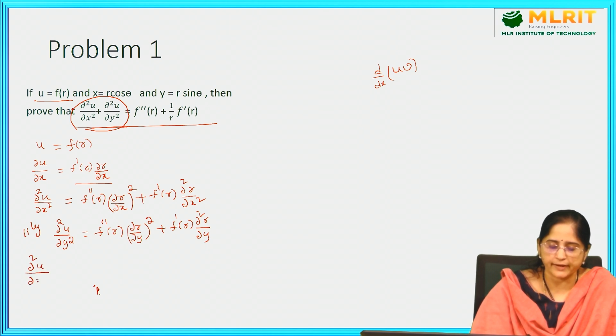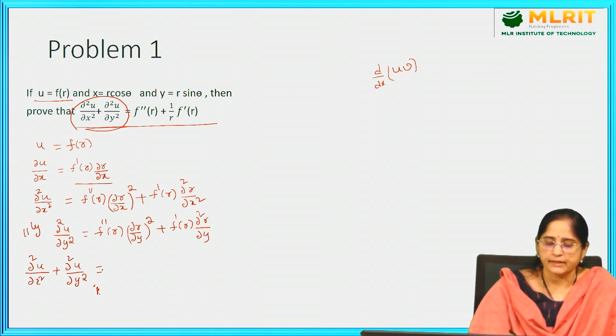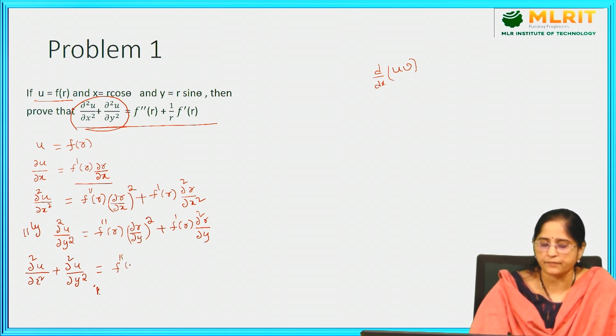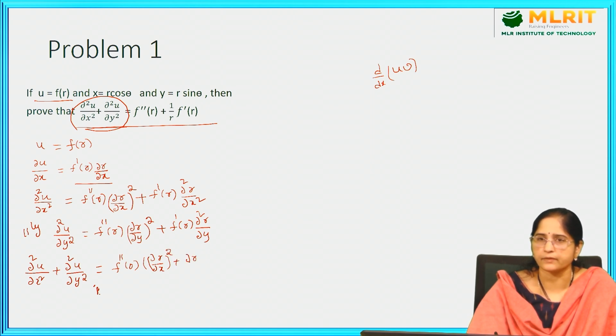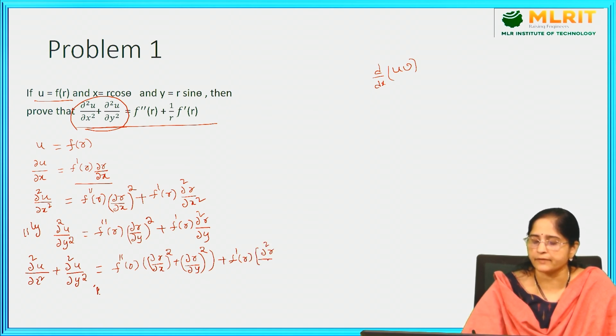Adding these two, f double dash of r is common, so we get f double dash of r into dou r by dou x whole square plus dou r by dou y whole square, plus f dash of r common, f dash of r into dou square r by dou x square plus dou square r by dou y square.